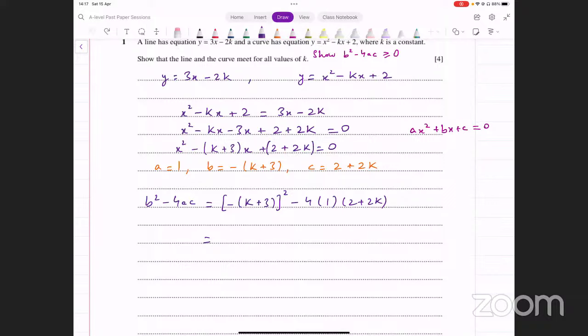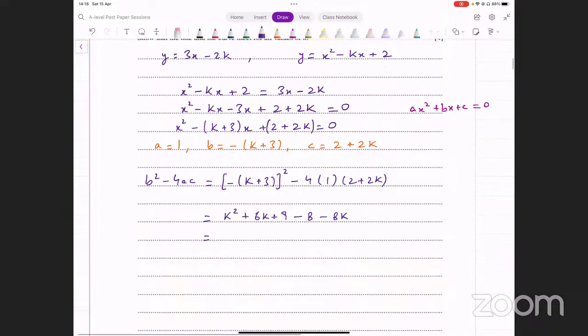That gives us k squared plus 2 into k into 3. That's 6k plus 9 minus 4 into 2 is 8. And then minus 4 into 2k is minus 8k. And that simplifies to k squared minus 2k plus 1.